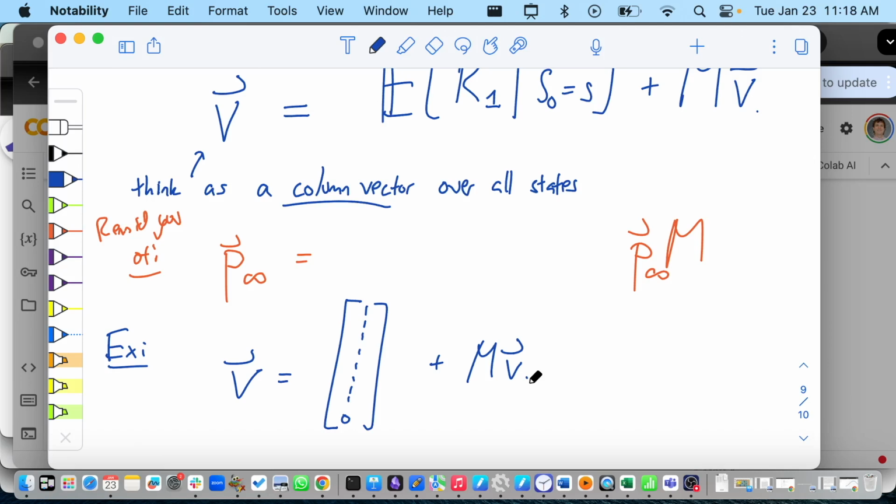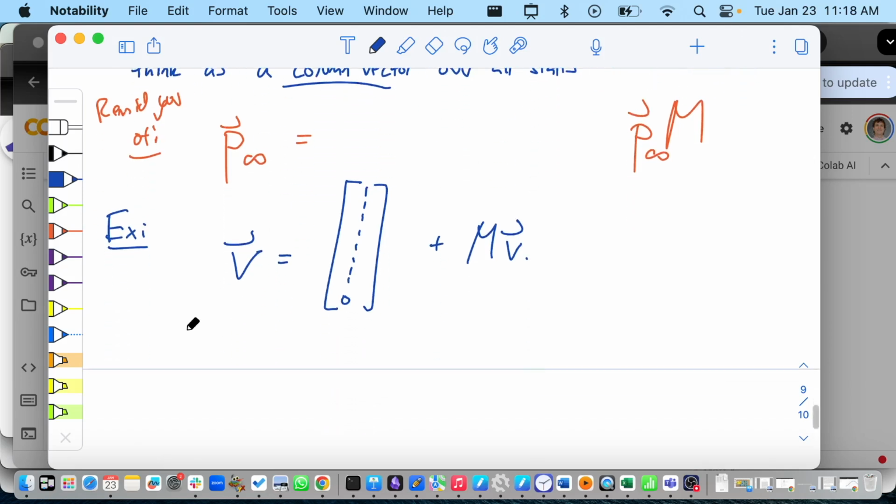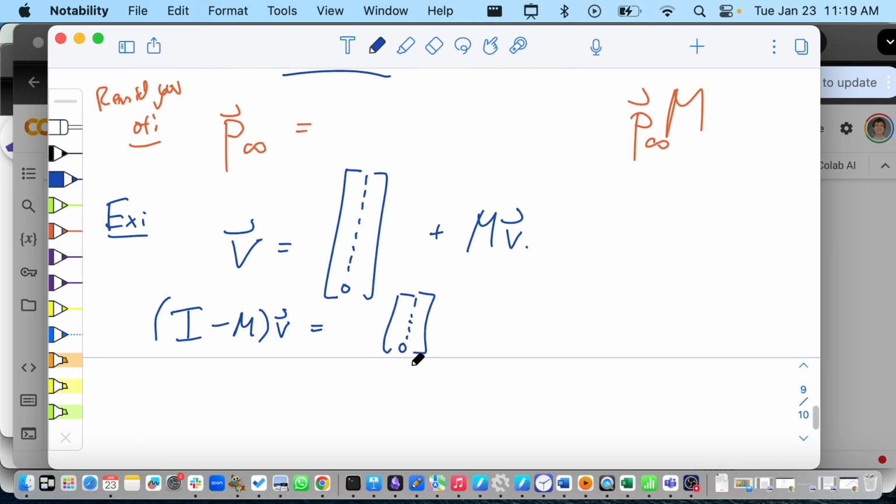And this equation is exactly what they do in the Numberphile video. Another way to write this is I minus M times V equals 1, 1, 1, 1, 1, 1, 1, 1, 1, 0. And another way to write that is V equals I minus M inverse times 1, 1, 1, 1, 1, 1, 1, 1, 1, 0. So I promised you that I minus M inverse would appear.